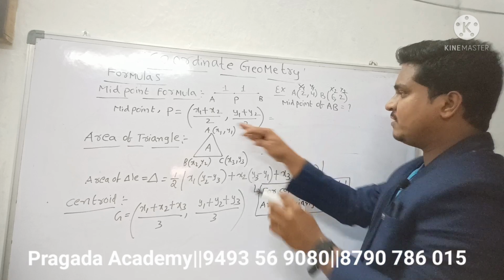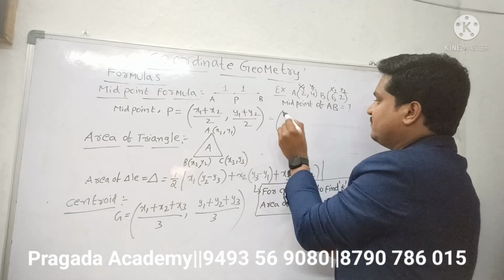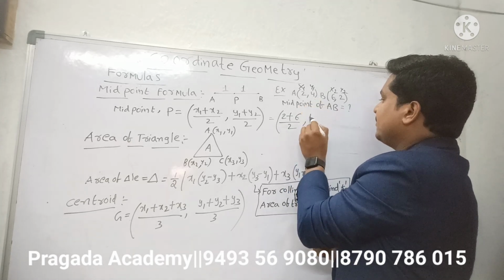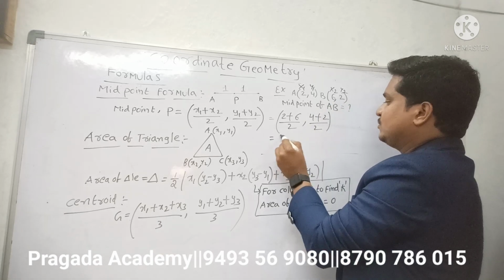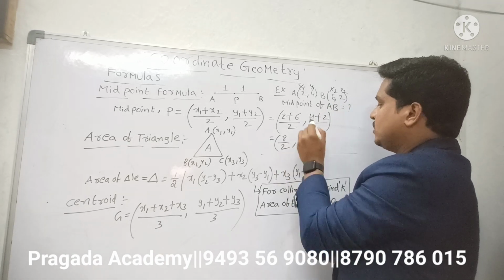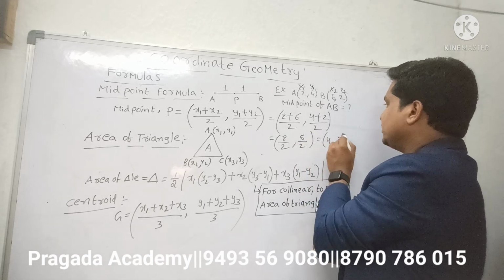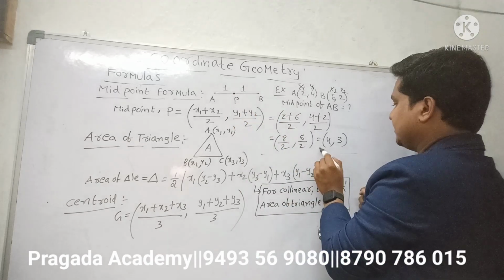Using the midpoint formula, (2 plus 6) by 2 comma (4 plus 2) by 2. So 8 by 2 is 4, 6 by 2 is 3. So the P coordinate will be (4, 3).